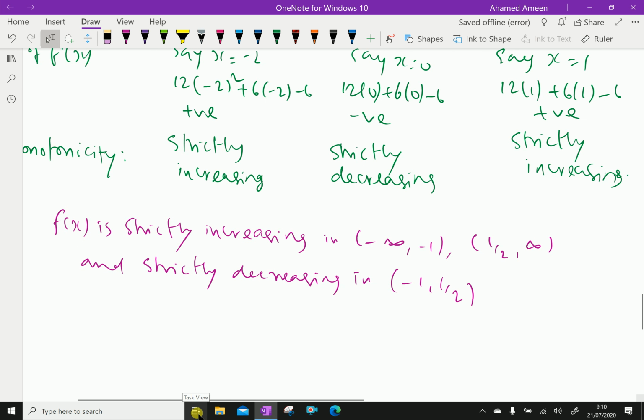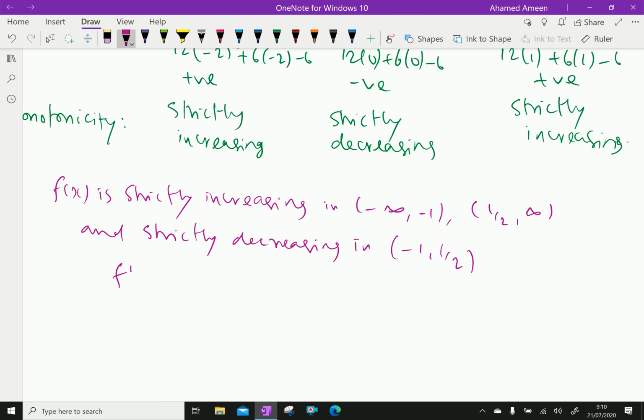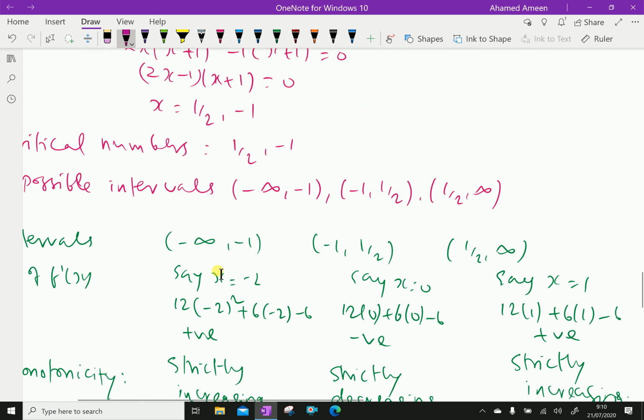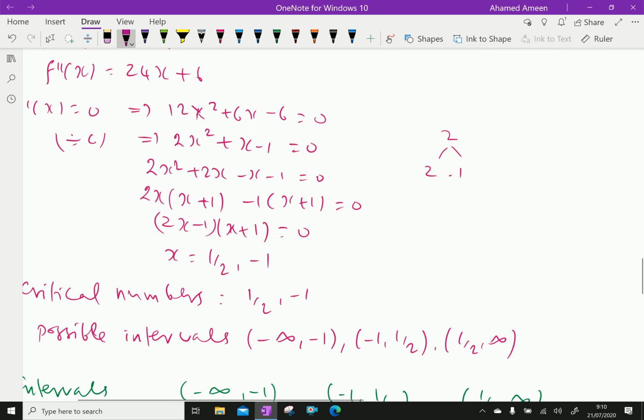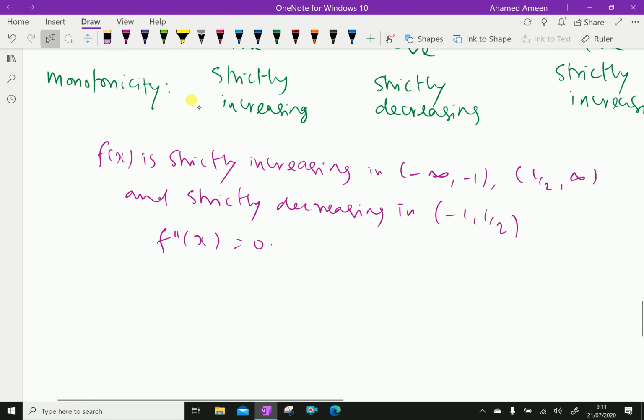After that, let us find f double dash of x equal to 0. Here f double dash of x is 24x plus 6. 24x plus 6 equals 0, which gives x equal to minus 6 over 24, which is equal to minus 1 by 4.